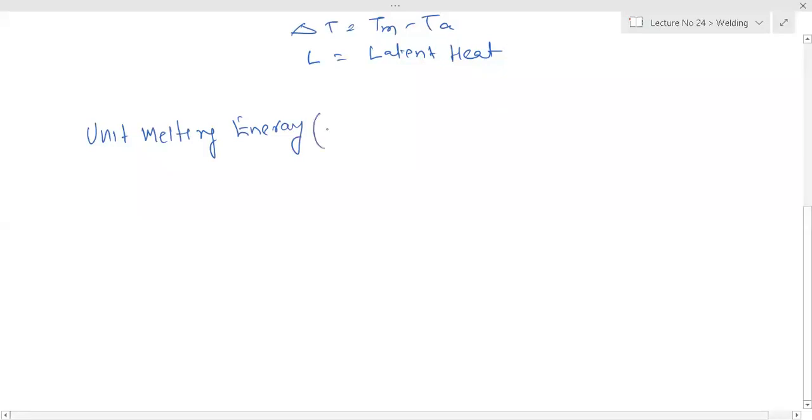That is we denote generally UM. Unit melting energy. One thing I would like to tell you all, the definition in a book sometimes uses very standard words, the standard sentence, and sometimes it is difficult to remember or to understand.